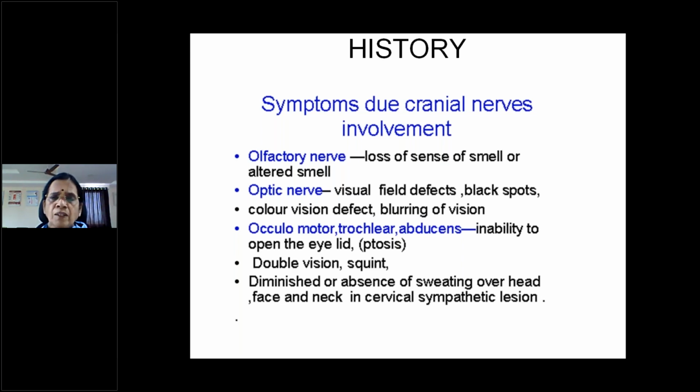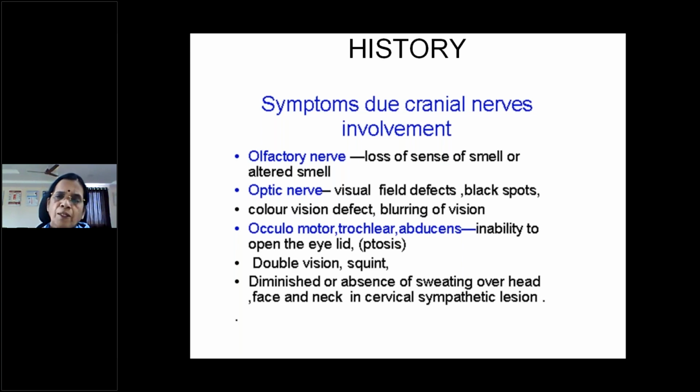Other causes can be an upper respiratory or nasal catarrh, which can give a transient loss of sense of smell. If it persists for more than one month, then naturally you have to think of a local pathology or a tumor. Parosmia can also occur in psychiatric disorders.